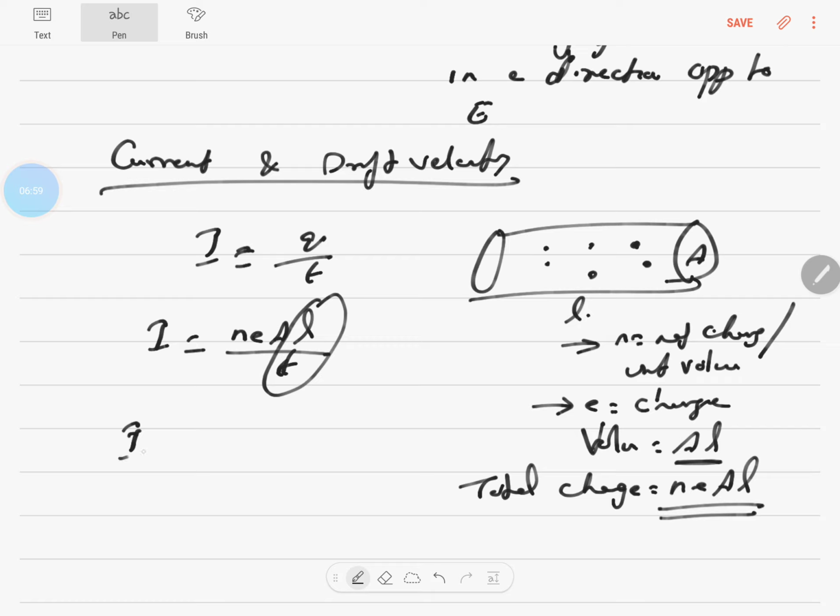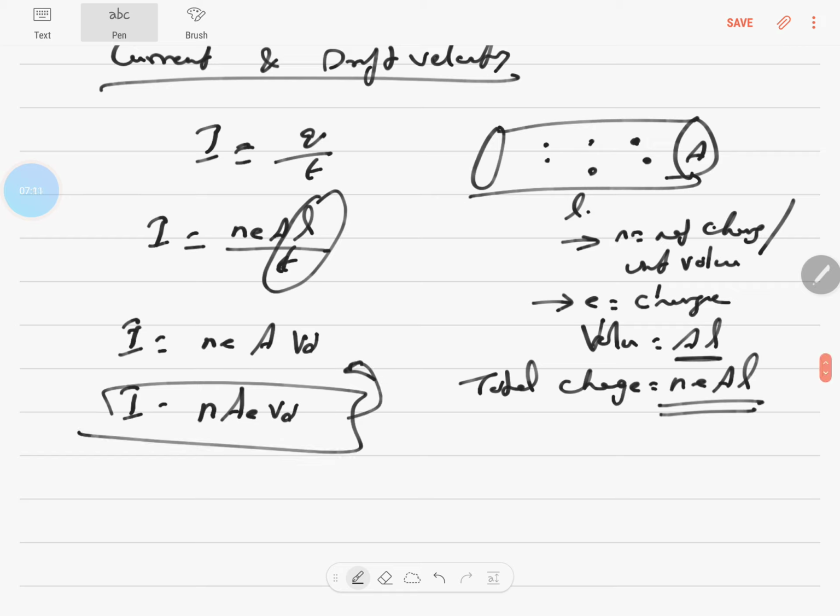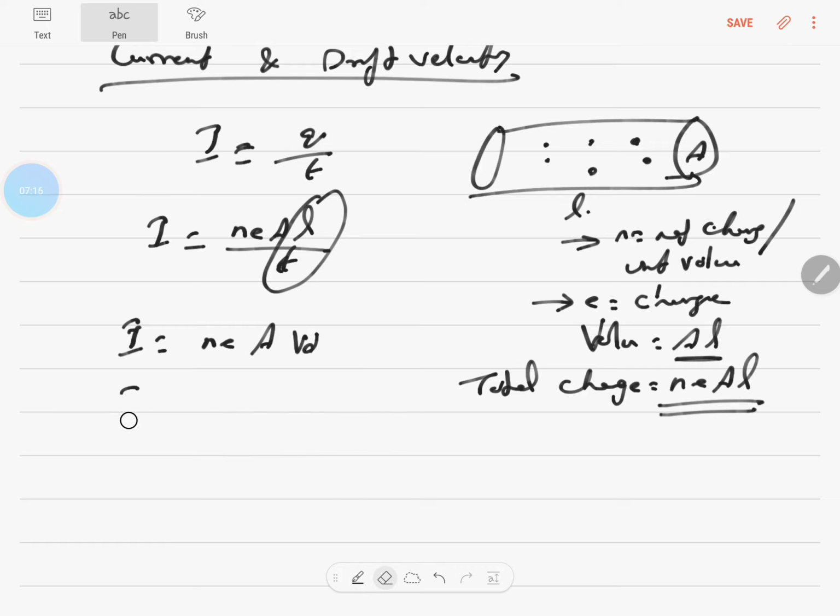You can call it nA e drift velocity. Just for you to recollect, I used to say nAe-Vd, so it's easy for you to recall the formula. So I = nAeVd. Okay, so that's about the relationship between current and drift velocity.